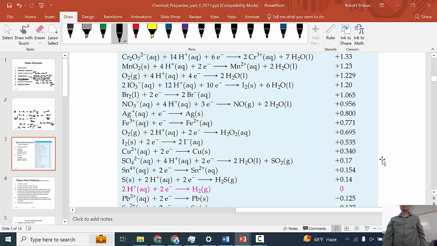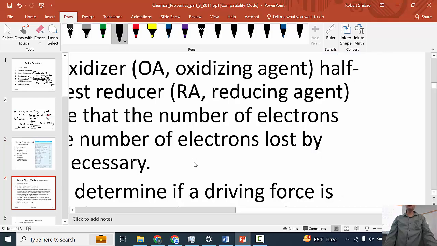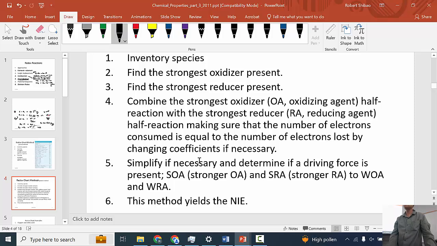And so what we have is one species takes electrons, the other species gives up electrons. We have to have that. And so both can't be oxidizers and both can't be reducers. So one takes electrons, the other gives up electrons. The one caveat we have to worry about here is that the number of electrons taken must equal the number of electrons given. In other words, the electrons have to balance.